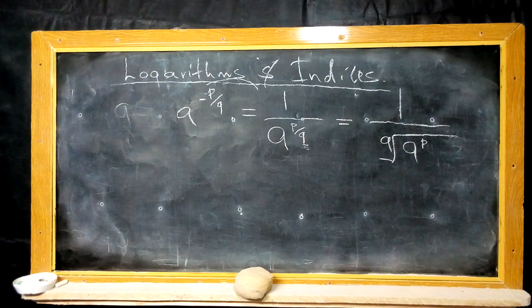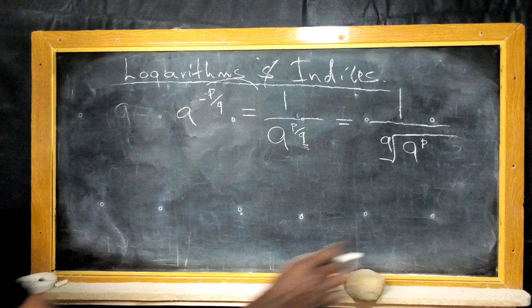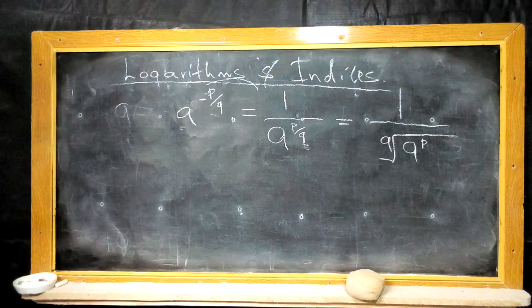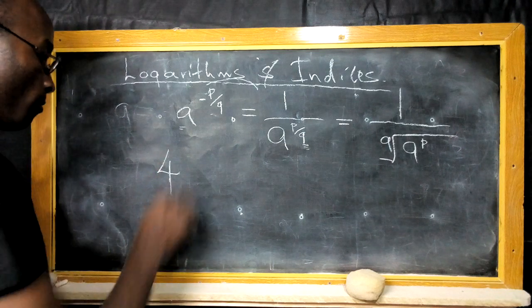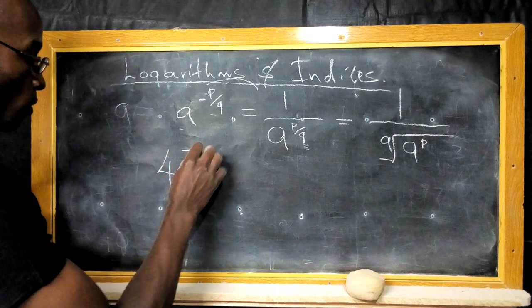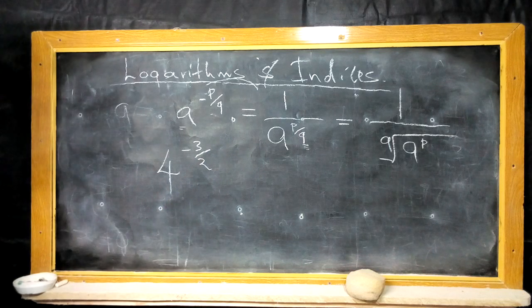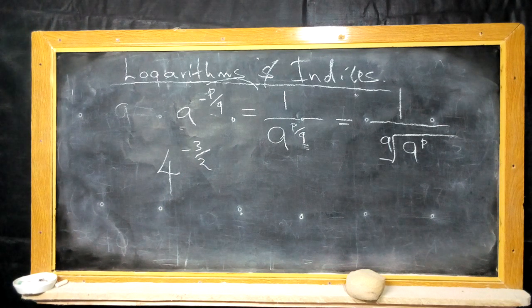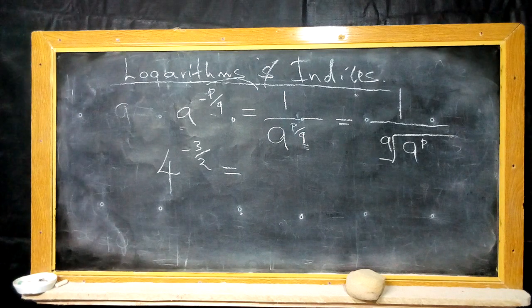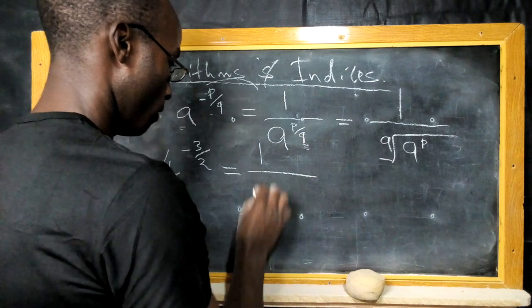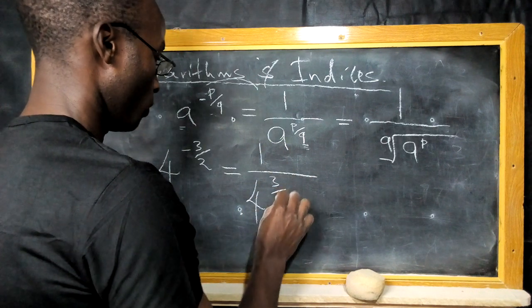If we look at that keenly and input numbers for these expressions, we can write, for instance, 4 raised to power negative 3 over 2, and we are requested to solve for that. This can be written in the second form that we have talked about, which is 1 over 4 to the power 3 over 2.